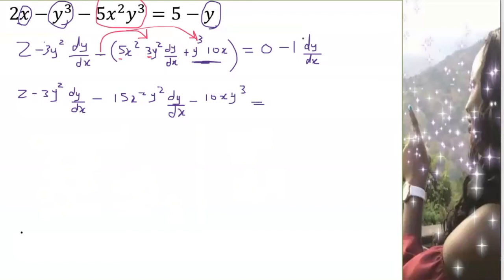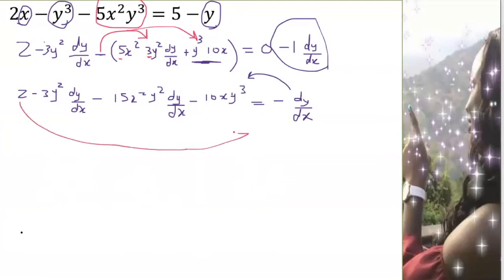Is equal to, now this part, I can just rewrite it as minus dy over dx. Now my next line, I am going to carry the minus dy over dx over the equal sign, so it will be positive, while the 2 and the minus 10xy cubed will be going over the other side.